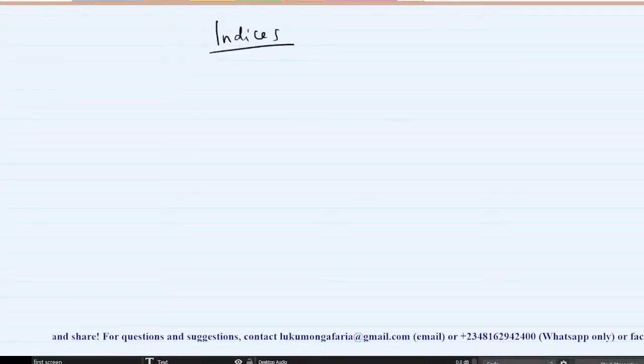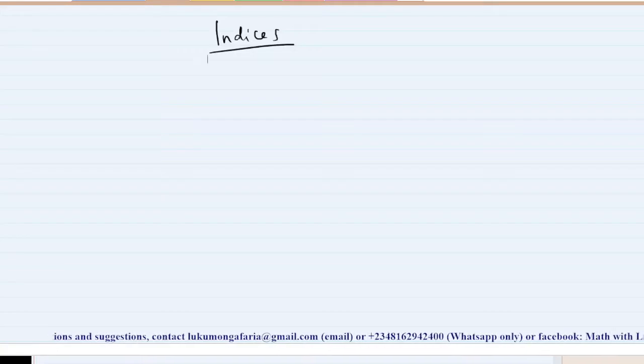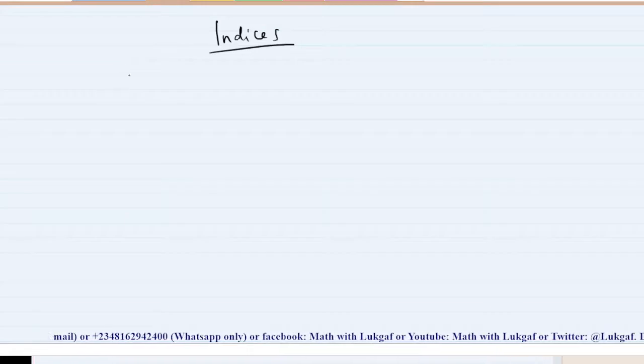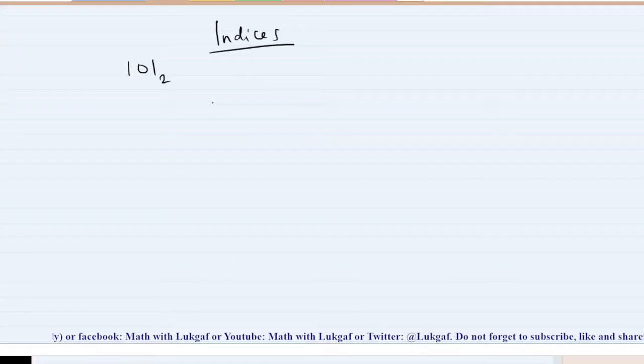If you don't forget, in the previous video, in particular number-based systems, we have this kind of number, 101 base 2. This number is read as 101 subscript 2. You understand now? We say this number is said to be in base 2.